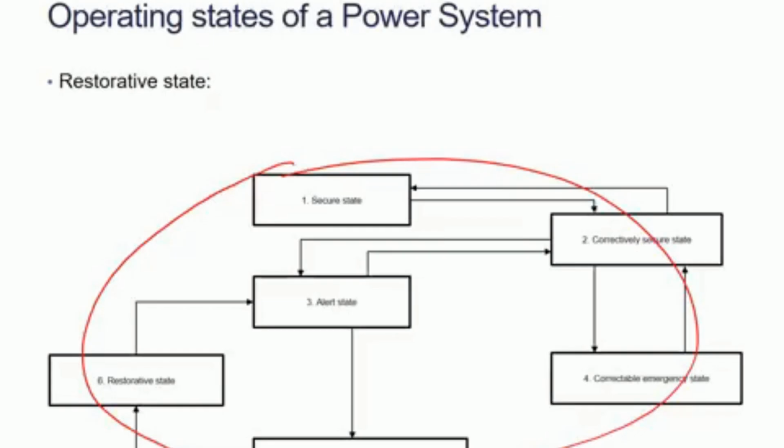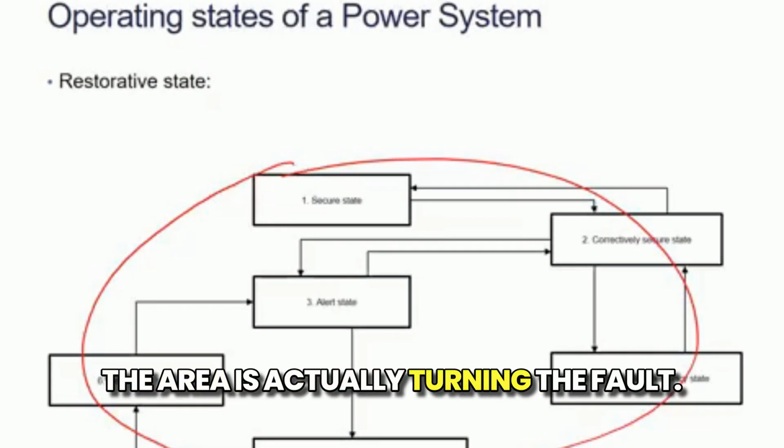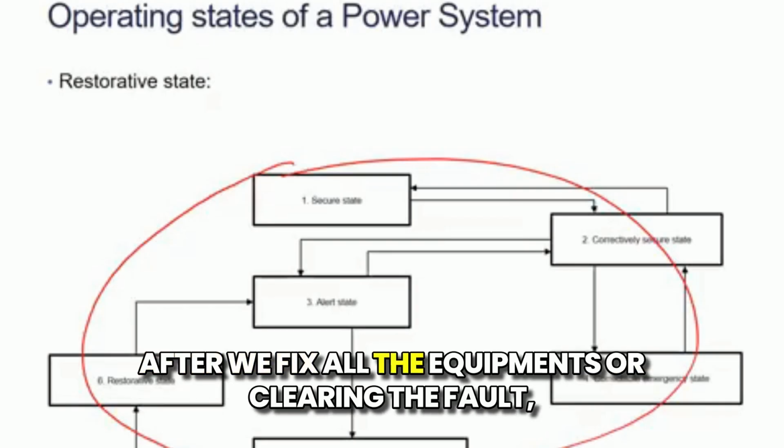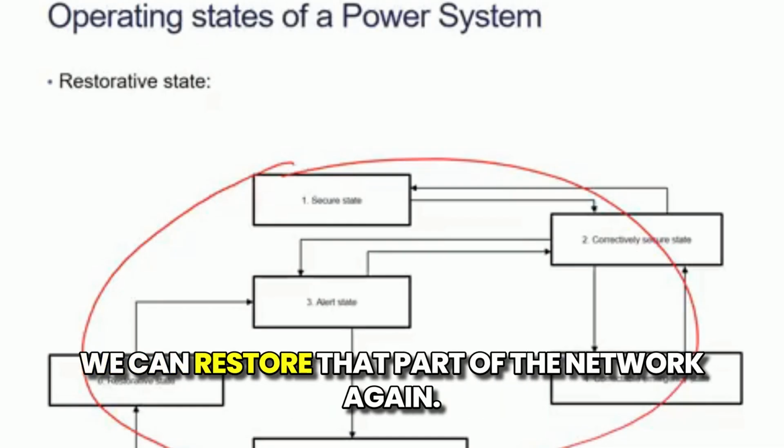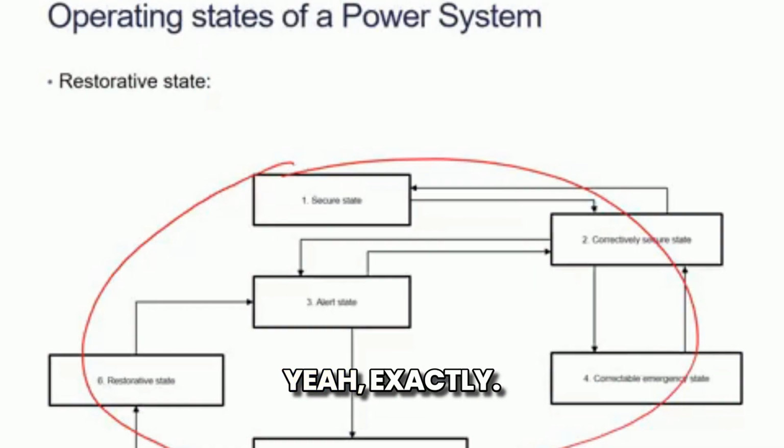Perhaps we should isolate the areas that contain the fault, and after we fix all the equipment or clear the fault, we can restore that part of the network again. Yeah, exactly.